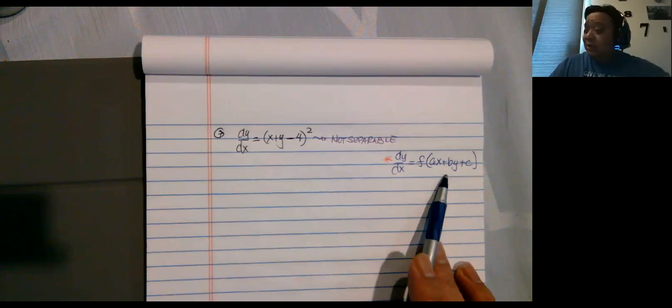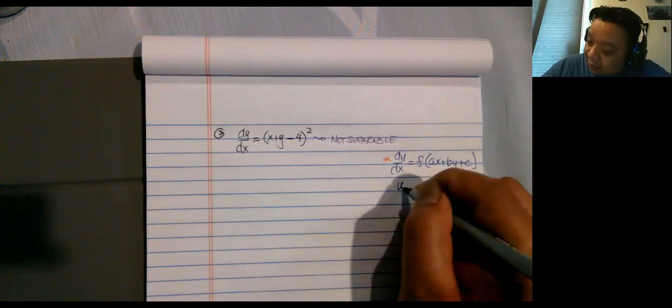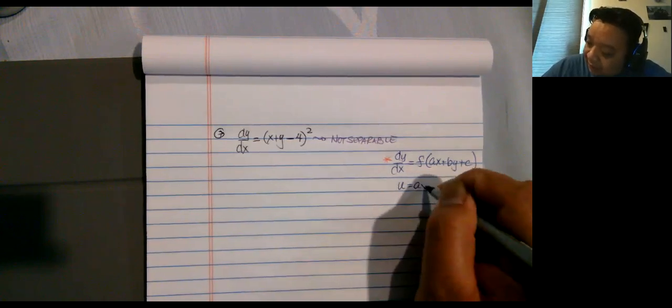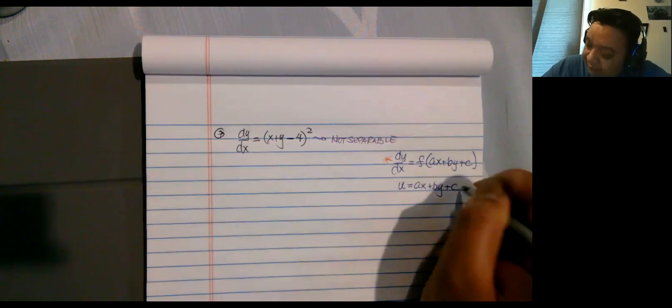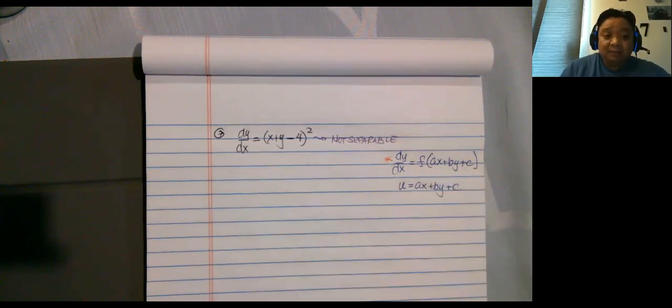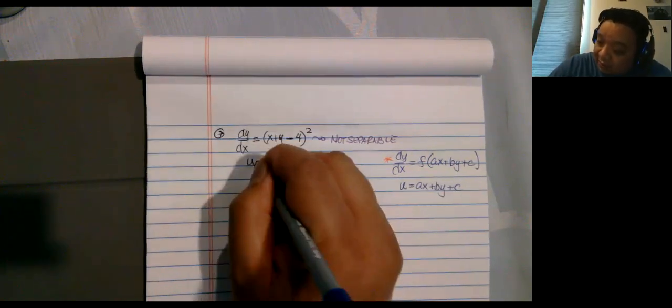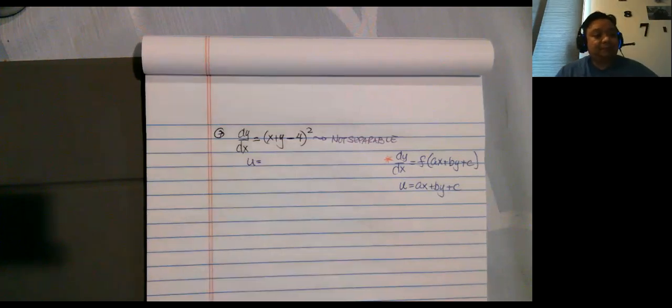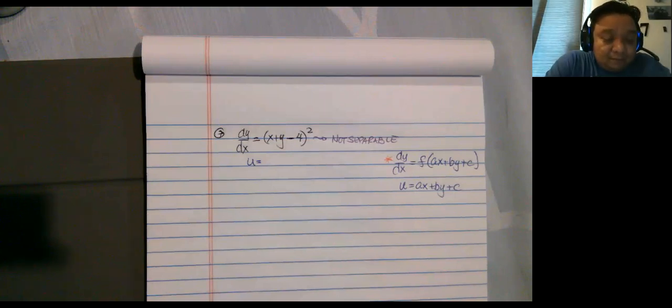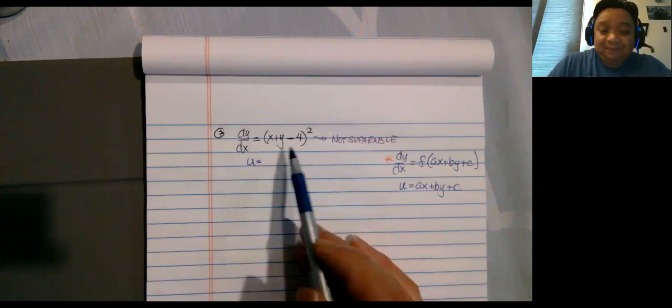When this is what you have, a substitution can be made by letting u be equal to the linear expression: let u be equal to ax plus by plus c. On this problem, what will u equal?